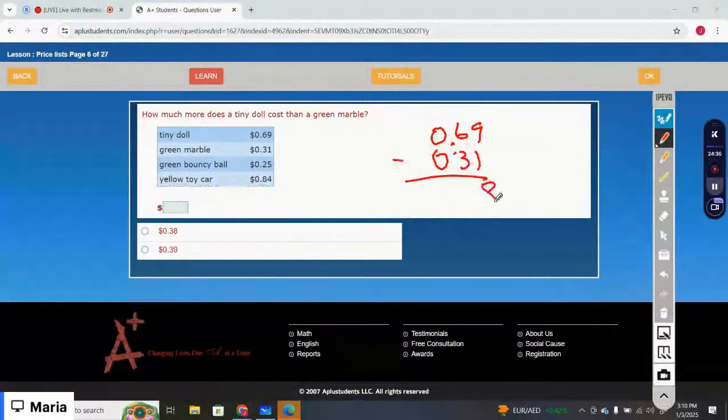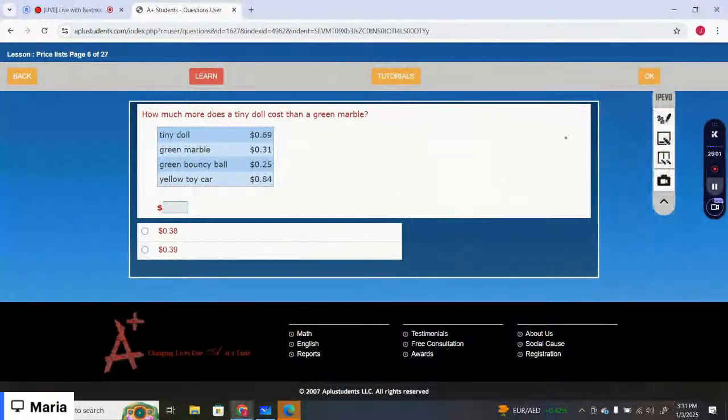So 9 minus 1 is 8, 6 minus 3 is 3, that is $0.38. Option number 1 is the correct option, that is $0.38.